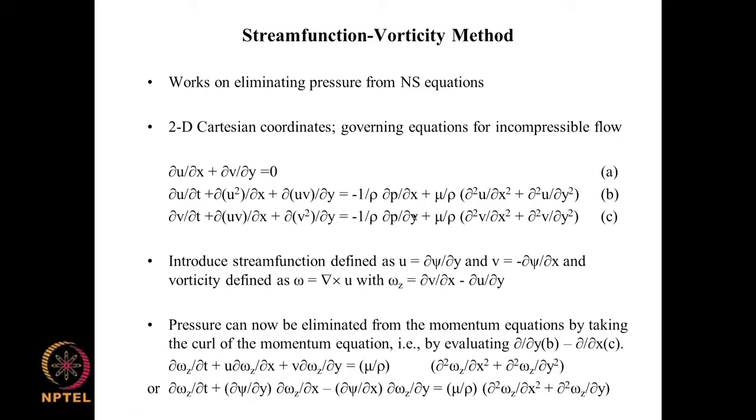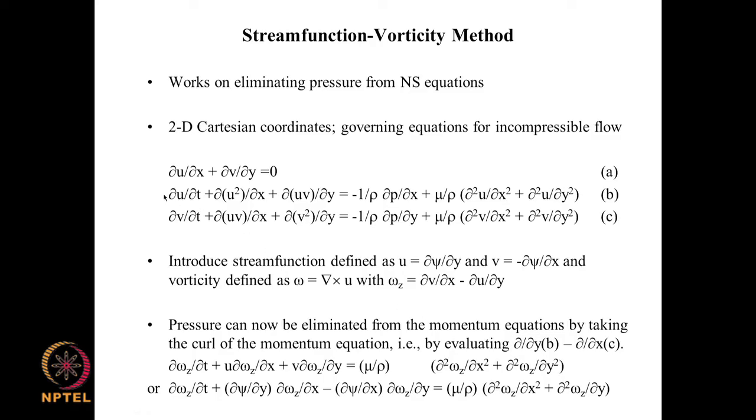from these two equations by taking the curl of the momentum equation. The curl of the momentum equation is a more mathematical way of saying it, but what we mean is that we evaluate ∂/∂y of this equation minus ∂/∂x of this equation. Every term in this equation and every term in this equation is operated on by the corresponding operator.